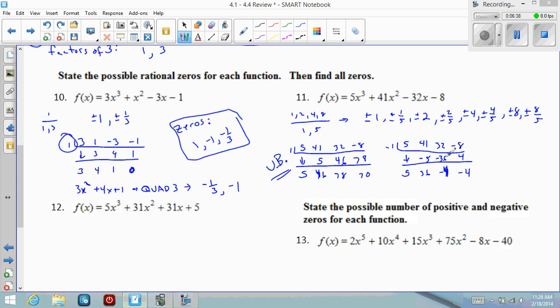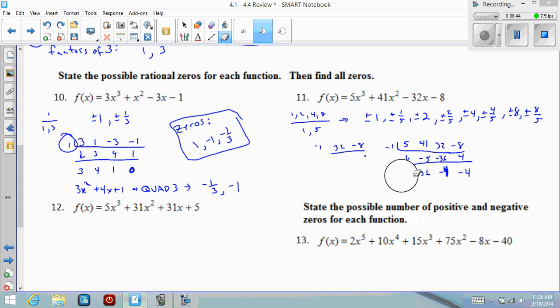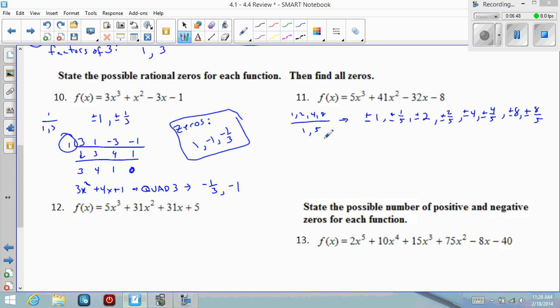But, all right, so let me erase this stuff so I give myself some room here to work. And let's try -1/5. Okay, 5, 41, -32, -8.